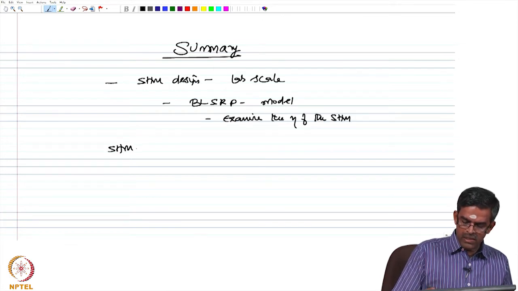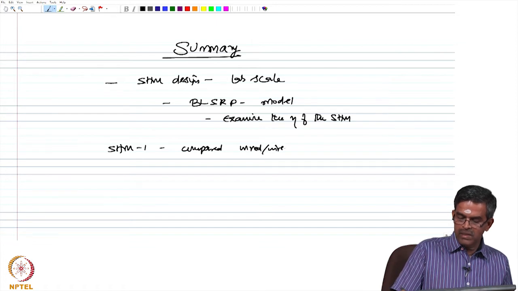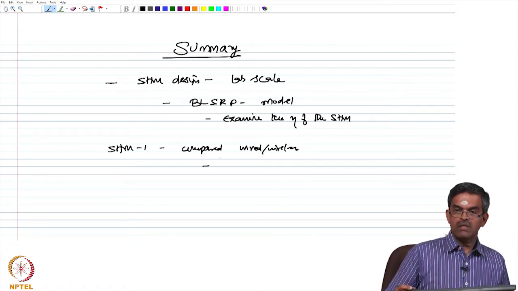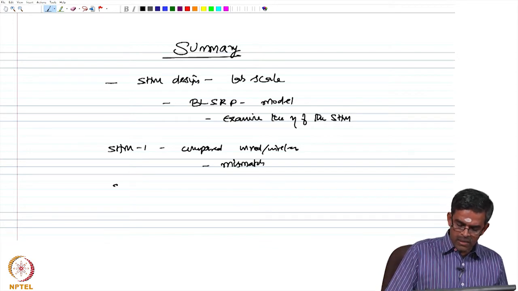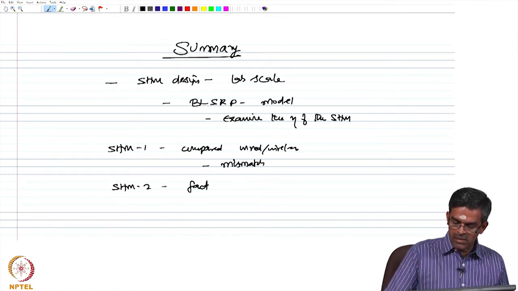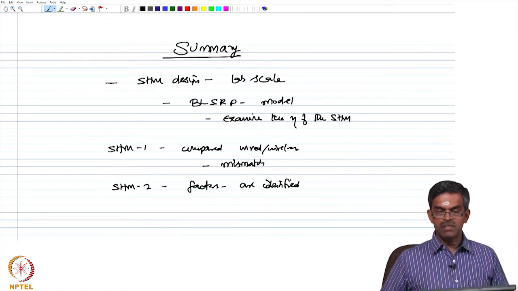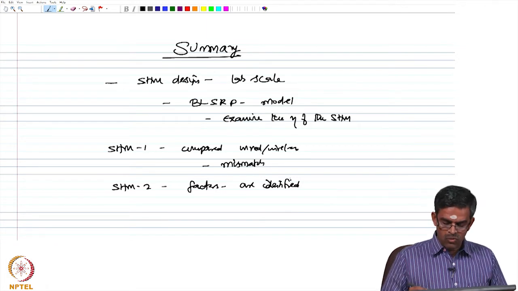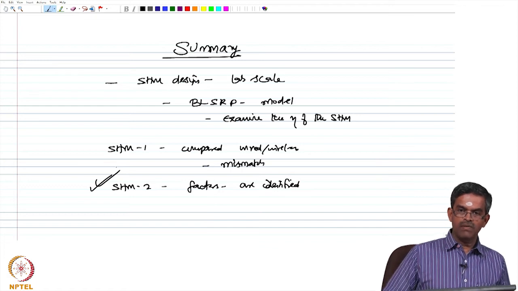We designed system 1, we compared the results of wired with wireless, and we found that there are many mismatches and discrepancies. We started approaching system design 2, where the factors necessary for improving are identified, and we are in the process of applying this and doing the measurements for BSLRP using the new system 2, which will continue in the next lecture. Thank you very much and bye.